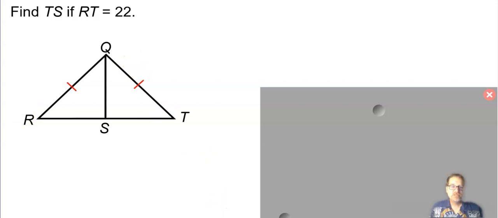Because we have these tick marks, we can make a right angle, and ST is going to be congruent to RS. Because of these tick marks, QS is a perpendicular bisector to RT. That makes RS and ST the exact same. So we can say purple equals purple.